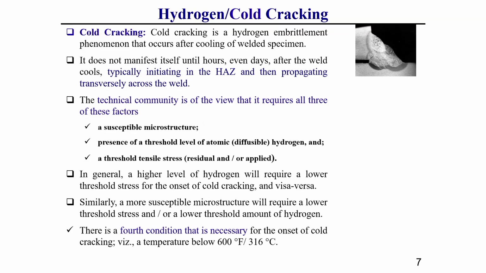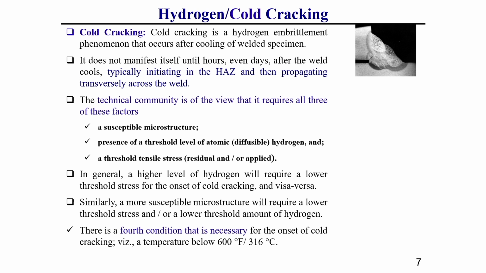Now, I have already discussed in the previous slide the term cracking. What is cold cracking? Cold cracking is a hydrogen embrittlement phenomenon that occurs after cooling of the welded specimen.